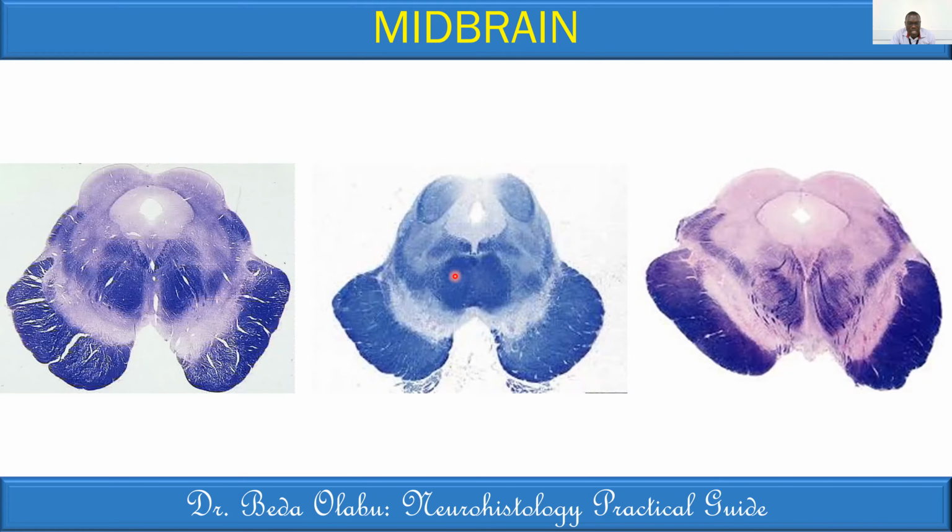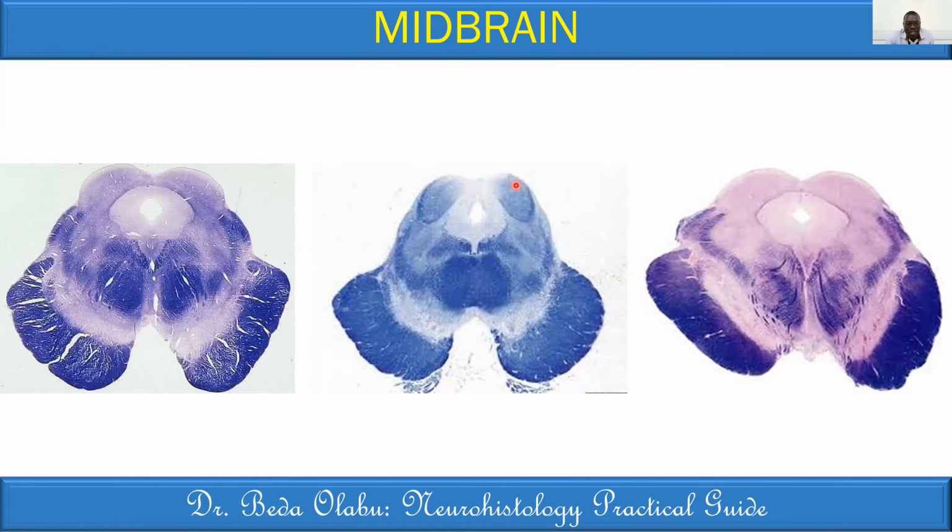And so what we are seeing here is actually the decussation of the superior cerebellar peduncle, instead of here where you're seeing the red nucleus. And that means that if this is the decussation of the superior cerebellar peduncle within midbrain, then this one is the inferior colliculi.